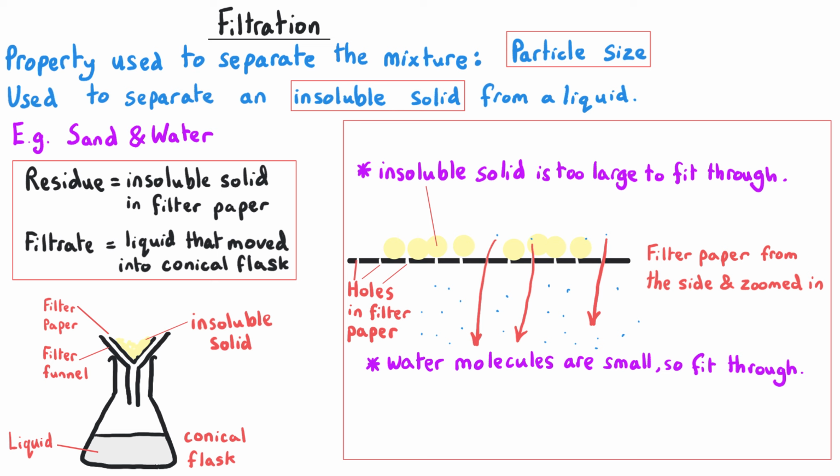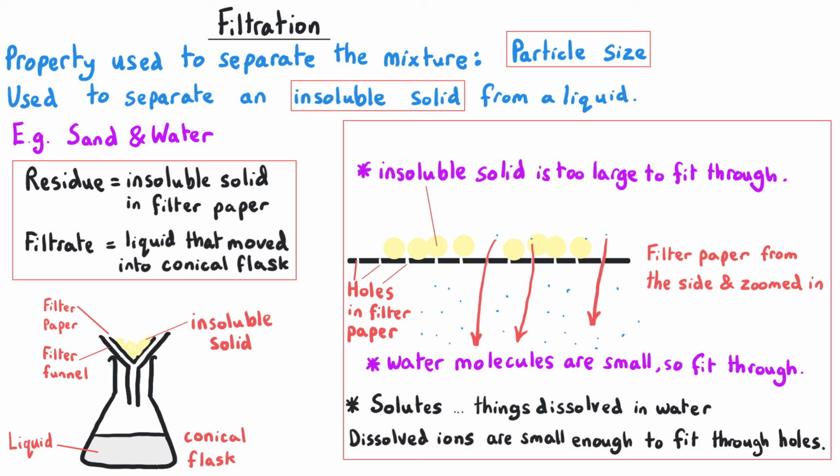And so the filtration technique removes solids. This would work in the same way if there was something dissolved in the water. Anything dissolved in water has been broken up into such small pieces, far smaller than we can see, and these pieces are also small enough to pass through the filter paper.